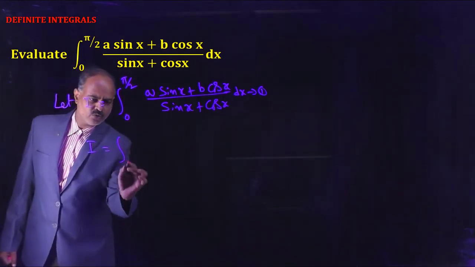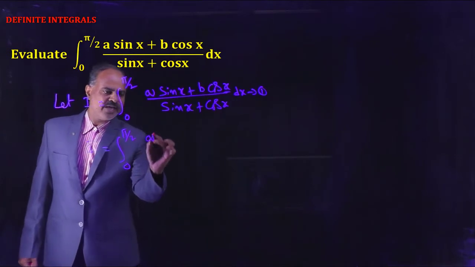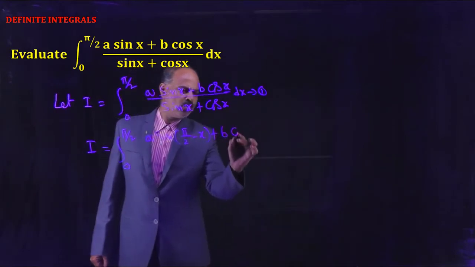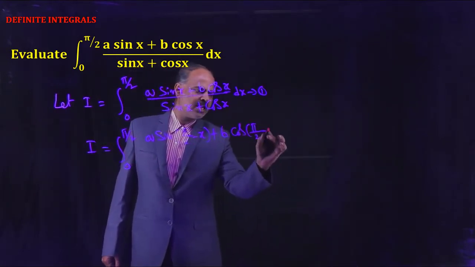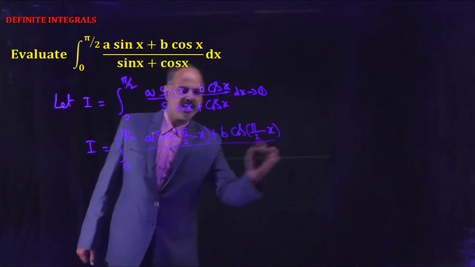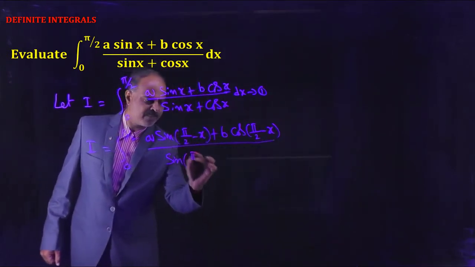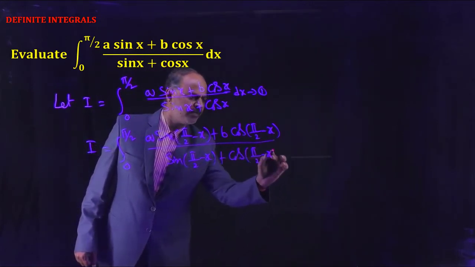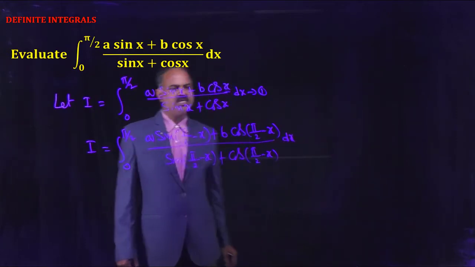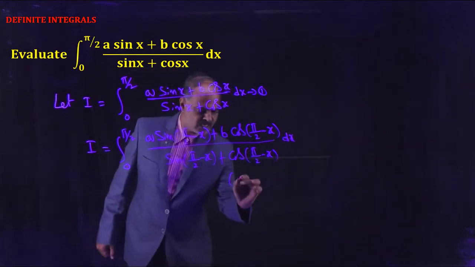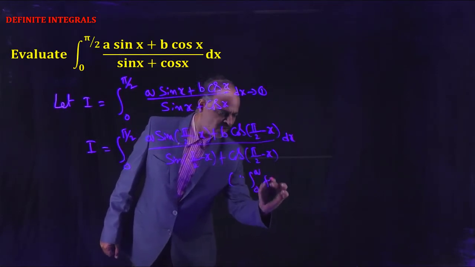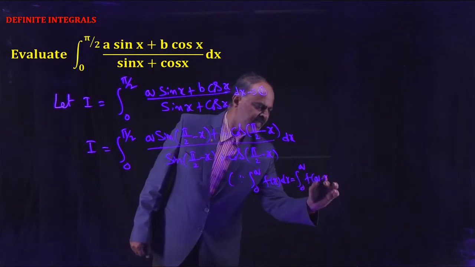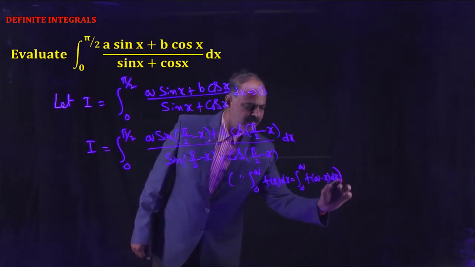So I equal to integral 0 to pi by 2 a into sine of pi by 2 minus x plus b into cos of pi by 2 minus x divided by sine of pi by 2 minus x plus cos of pi by 2 minus x into dx, since integral 0 to a f of x dx equal to integral 0 to a f of a minus x dx.